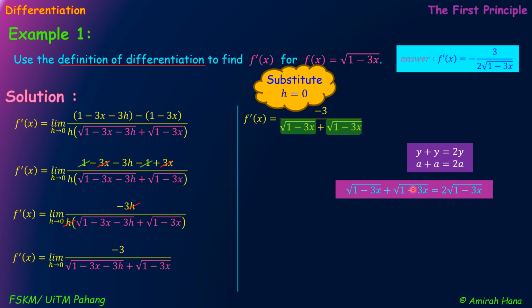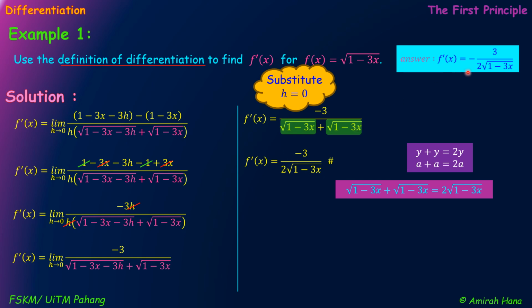We have the same term, so it equals 2 times square root of 1 minus 3x. We just follow this concept. So after that, we get f prime x equals negative 3 over 2 square root of 1 minus 3x.